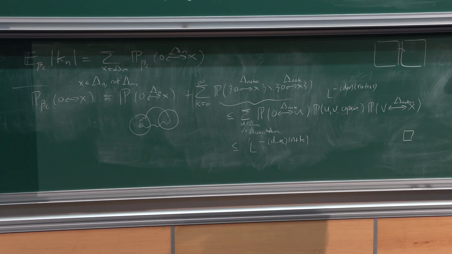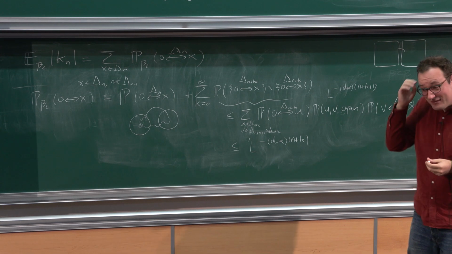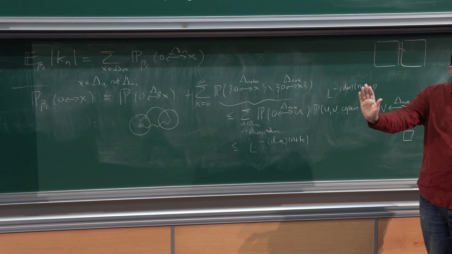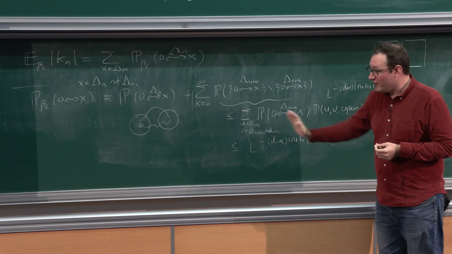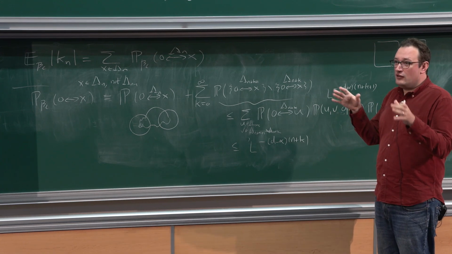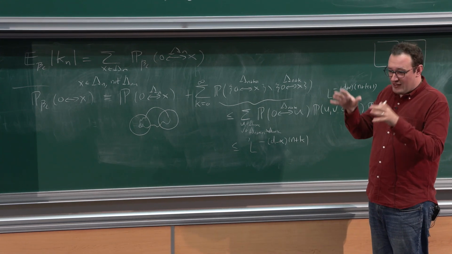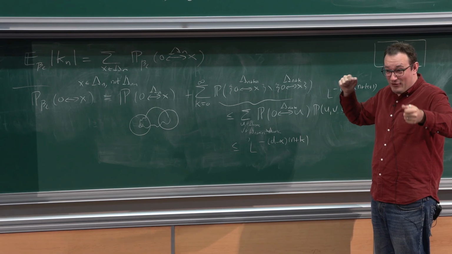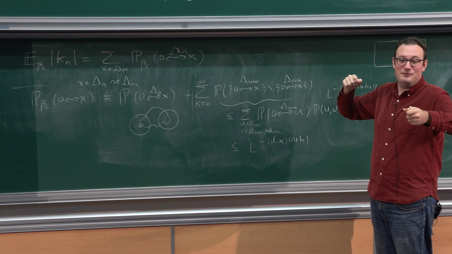I won't say too much about how to extend this to ZD, because I only have half an hour, and I want to tell you about a couple of other things. But basically, the idea is you go back to the beginning, and you define everything in a different way, where instead of looking at clusters that have to stay inside the box, you allow yourself to use all the short edges that are not in that box, but not long ones.